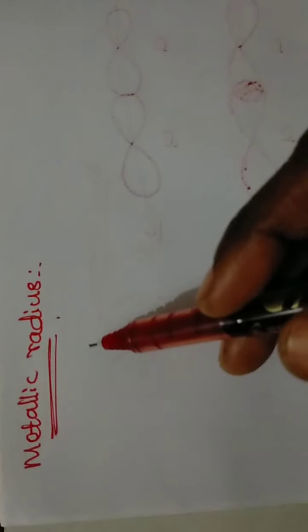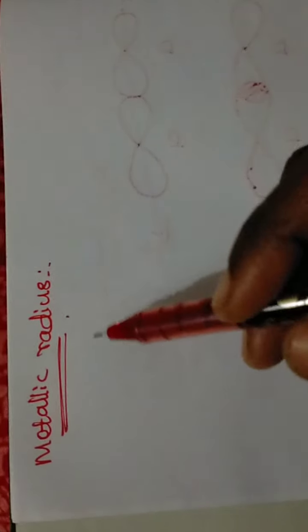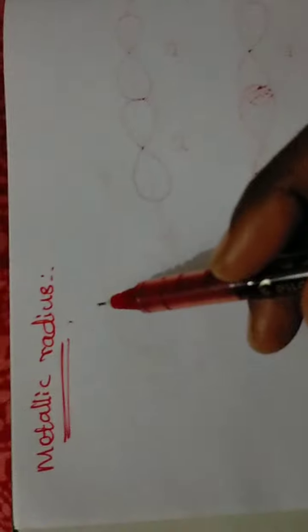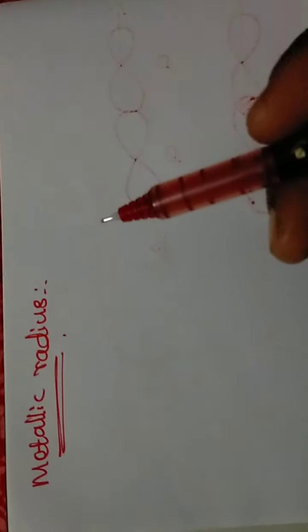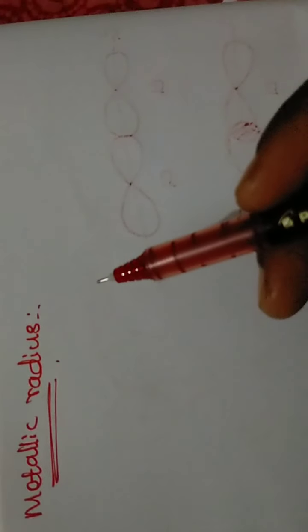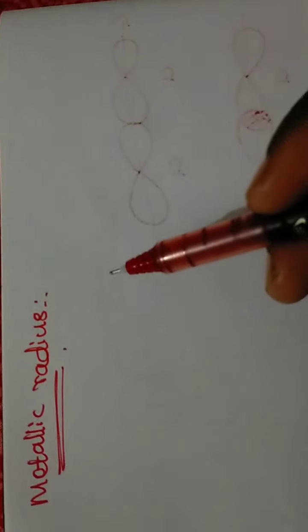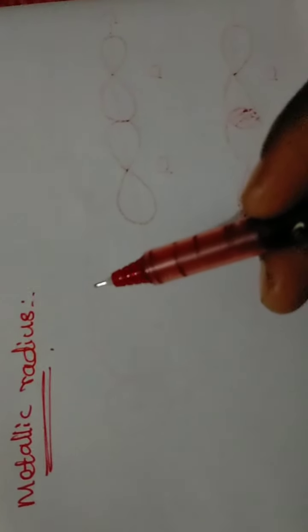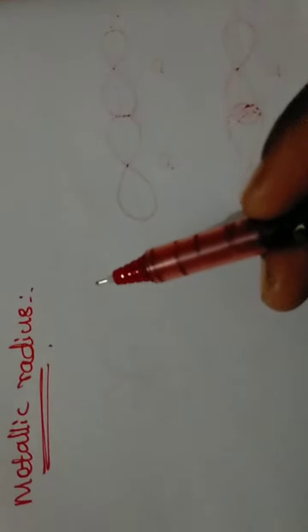Next type, metallic radius. The definition for metallic radius is similar to the covalent radius. It is defined as 1/2 of the distance between two adjacent metal atoms in the closely packed metallic crystal lattice. There we took only covalent bond compounds. Here we take a metallic bond between two metals.